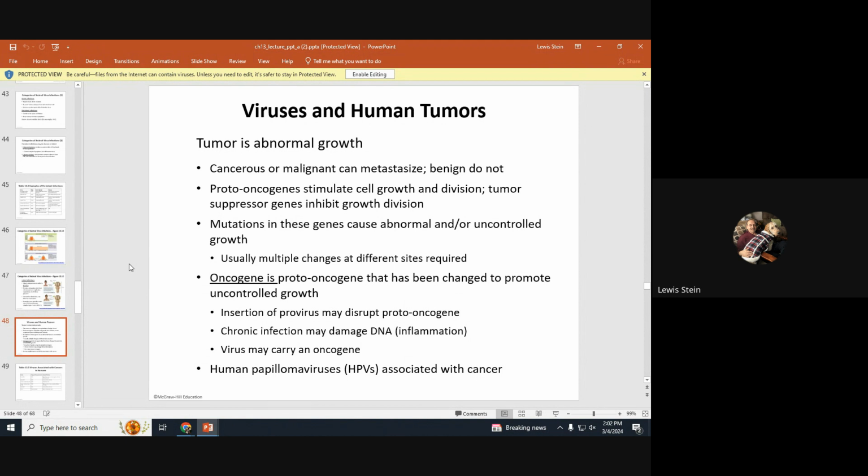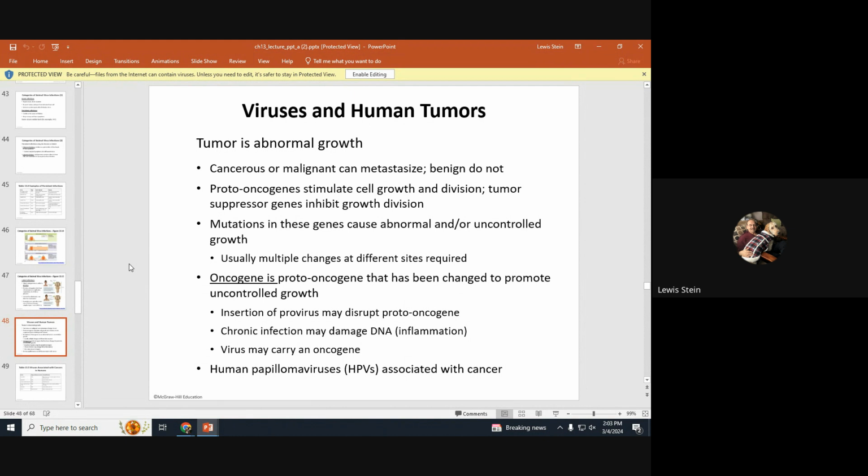The best way to frame it is we have these 2 systems, the proto-oncogene to oncogene system and the tumor suppressor system. Both play an active role in how we are constantly on the lookout for any potential cancers, changes in cells.